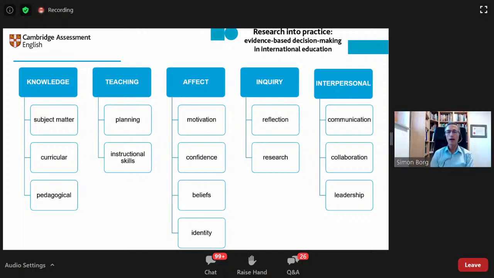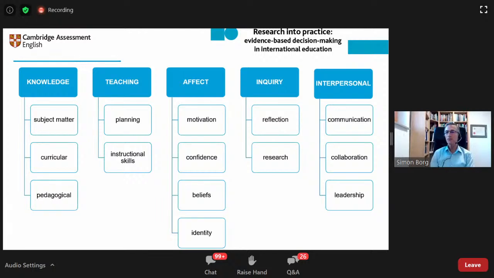There are aspects related to inquiry, so developing in teachers skills to reflect, skills to do research. Another dimension is the interpersonal dimension, improving their ability to communicate, to collaborate, and to lead others. And this is by no means a comprehensive breakdown of the different elements and sub-elements of teacher competence.